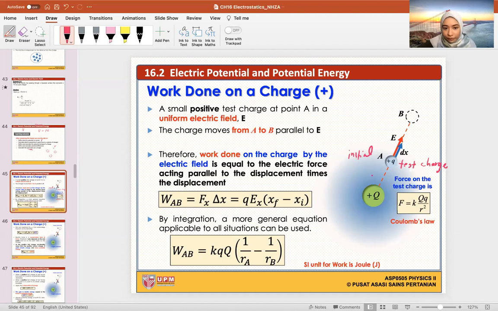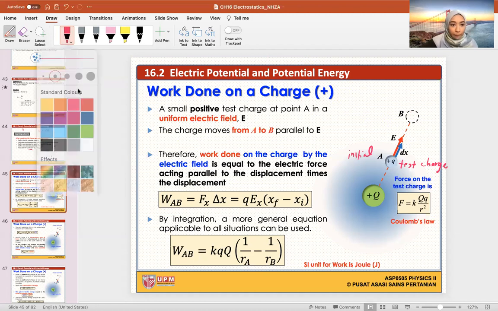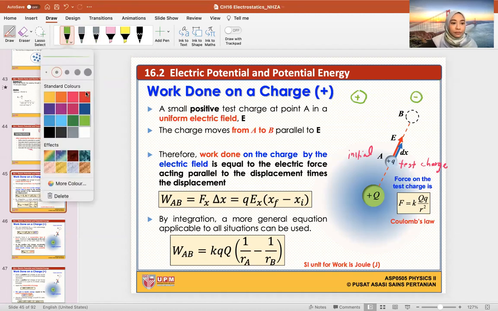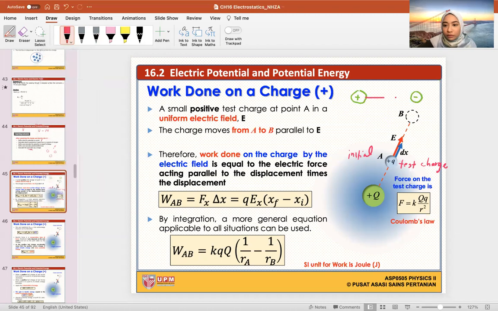And my electric field, we have learned this, extends from positive to negative. Recapping, if I have a positive charge here and a negative charge over here, my electric field will go this way. This is my E. It starts from the positive charge and ends at the negative charge.